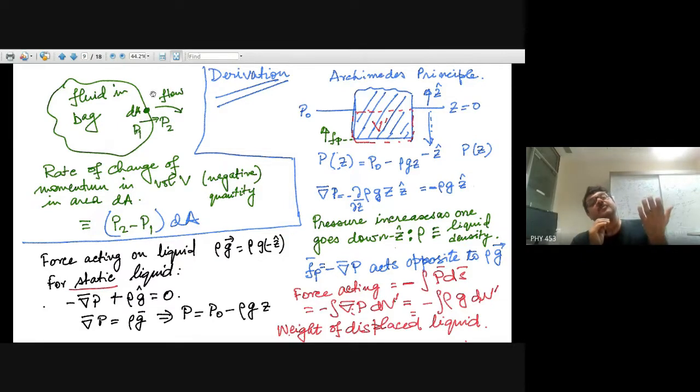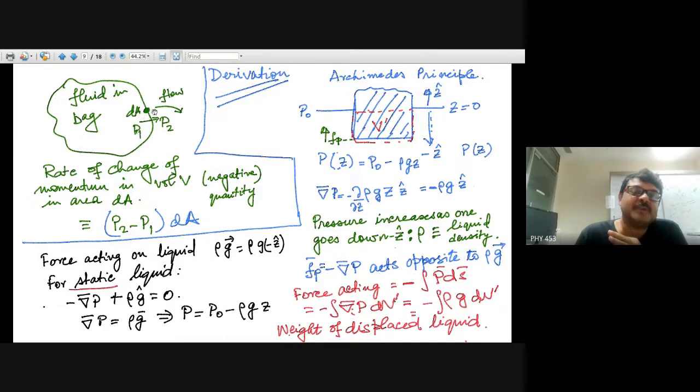And the rate of change of momentum is equal to force, right? So if fluid was flowing out, there would be mass change and also momentum change, and the momentum change would be the force. You can calculate the force which this liquid is exerting.